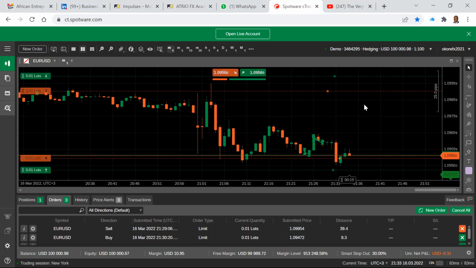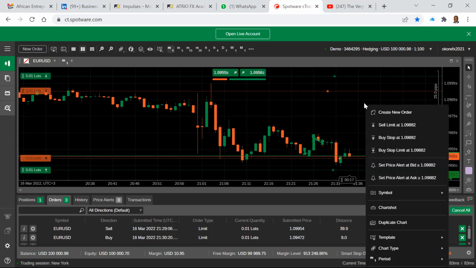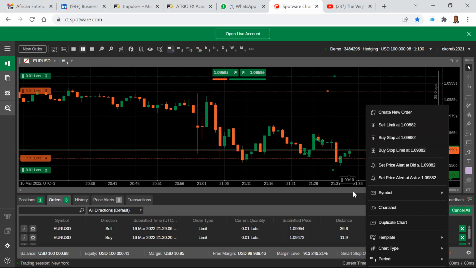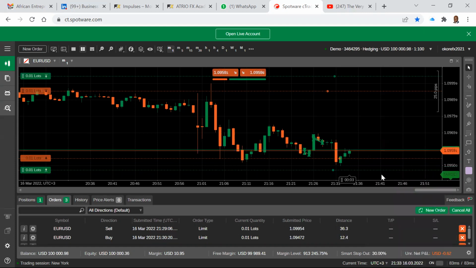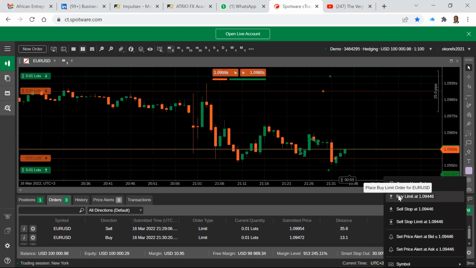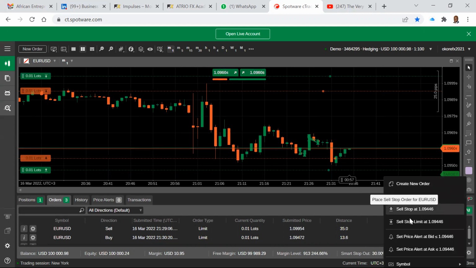When you right click, you can see these are pending orders: sell limit, buy stop, and then down again, there are buy limit, sell limit, and so on.